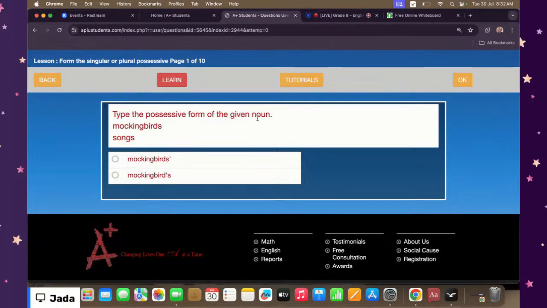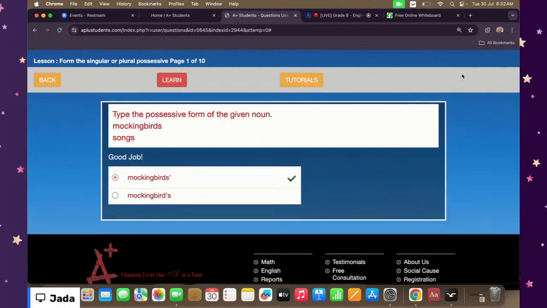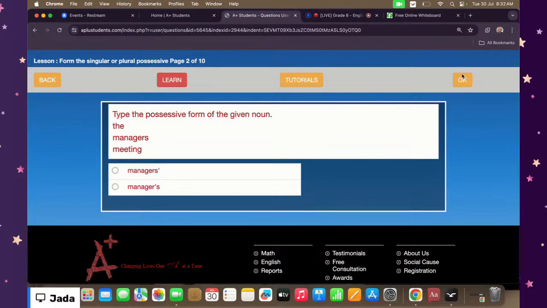Type the possessive form of the given noun. Mockingbirds songs. So what's the possessive form? Mockingbirds. So the S was already there. It's already plural. The managers meeting. Managers, S. It's already plural.